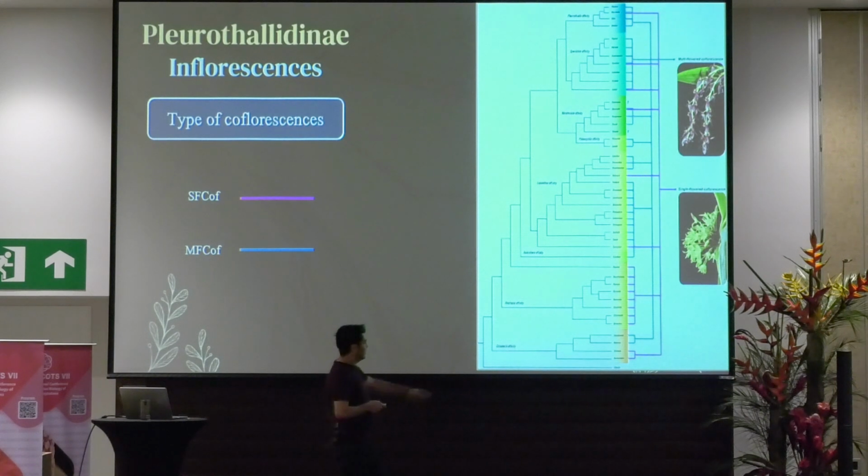As you can see here, the letters are too small, but it represents the Restrepia affinity, where we have Restrepia, Myoxanthus, Pleurothallopsis, Echinosepala, and all those genera. But in other groups, for example in the affinity of Lepanthes, the multi-flower type is the one that dominates. But in other groups, for example Pleurothallis and Specklinia, we can find both types of inflorescence.